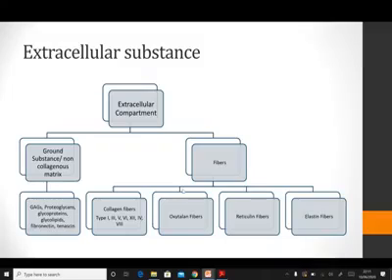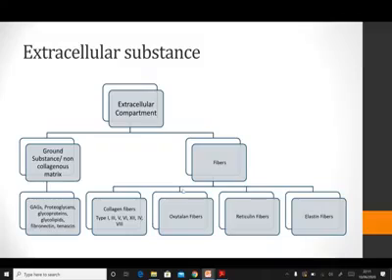The next thing that we are going to talk about, we've talked about the cellular community of the periodontal ligament. Now we're going to talk about the extracellular substances or the extracellular compartment of the periodontal ligament. We've already made it clear that the extracellular compartment consists of the ground substance and fibers embedded within it.